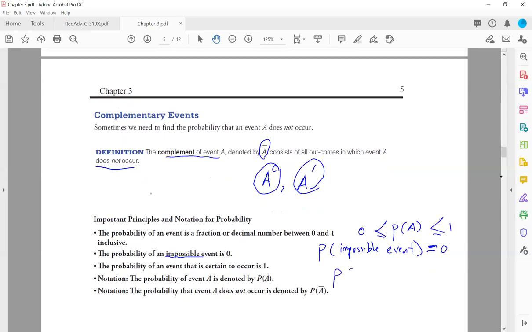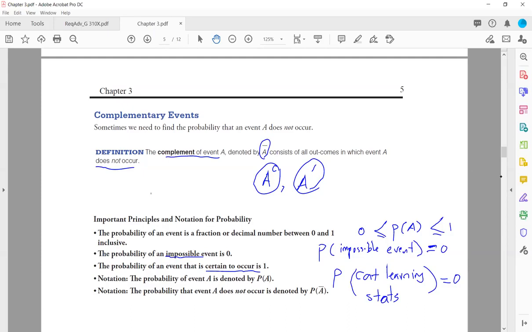The probability of a cat learning stats is 0. Impossible event. The probability of an event that is certain to occur is always 1.